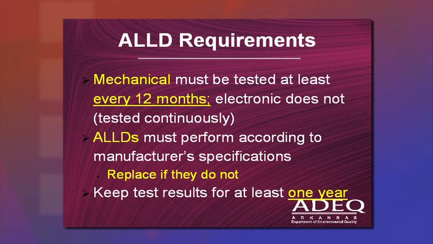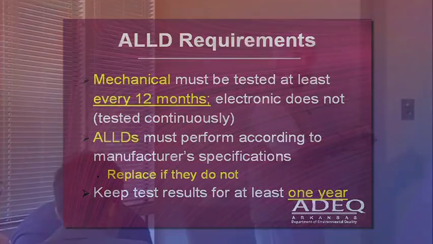The electronic line leak detectors are tested continuously, so they don't need to be tested. If your automatic line leak detectors don't perform according to the manufacturer's specifications, you've got to replace them. And when you're required to do this test once every year on your automatic line leak detectors, you have to keep the test results for at least 1 year.